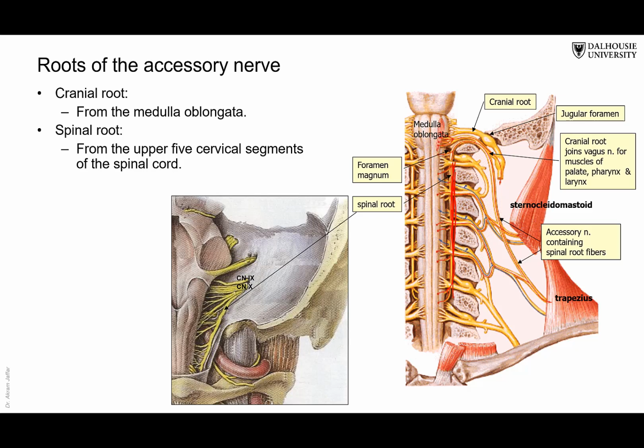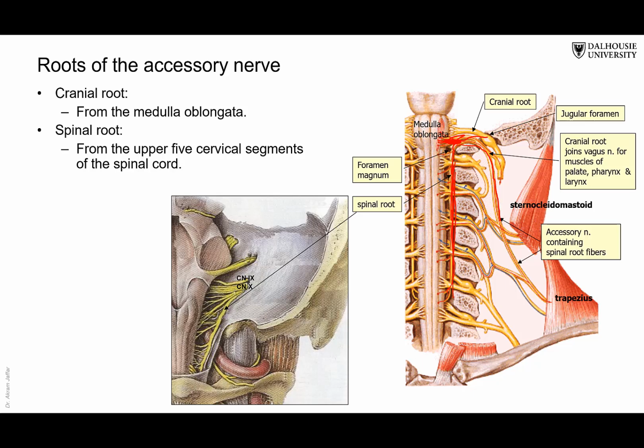And the fibers will ascend up through the foramen magnum. It will meet a cranial root that comes from the medulla oblongata for a very short distance, and then the cranial root of the accessory nerve is given to the vagus. And what remains of the accessory nerve is only the spinal root of the accessory nerve.